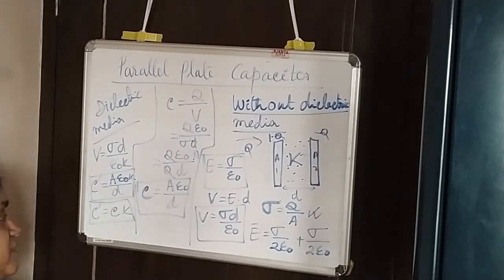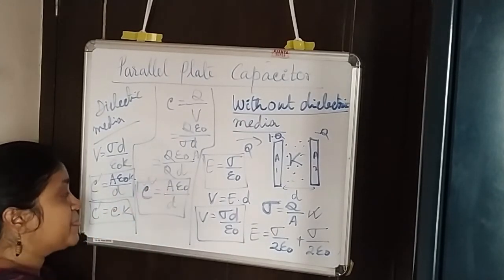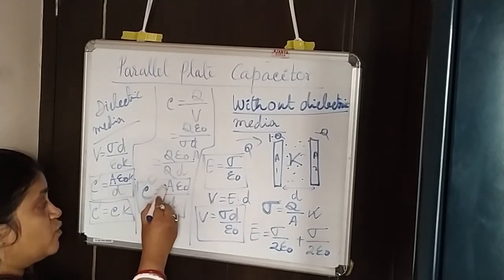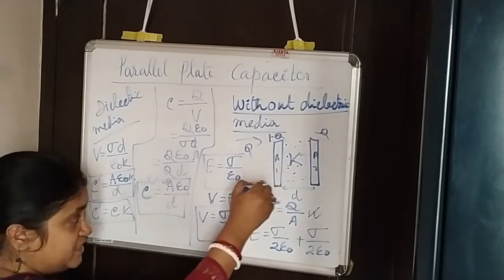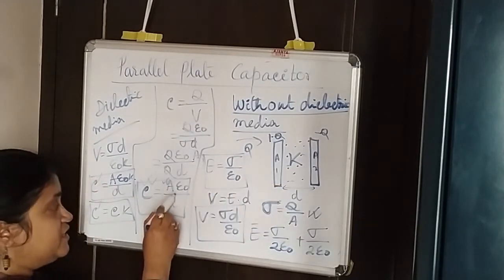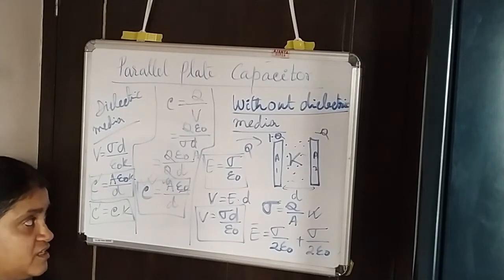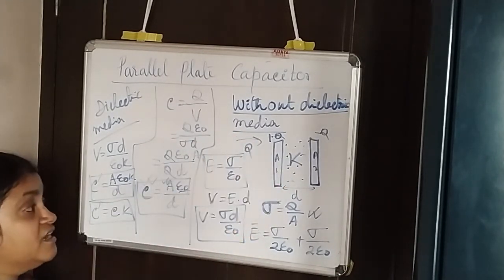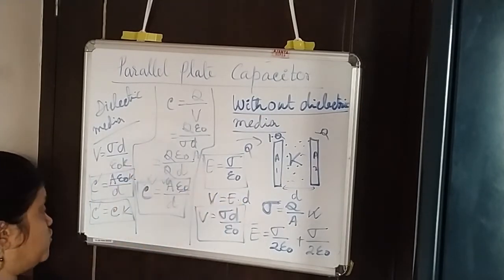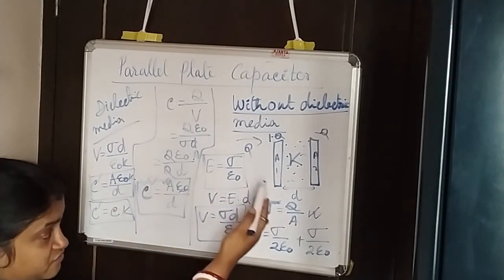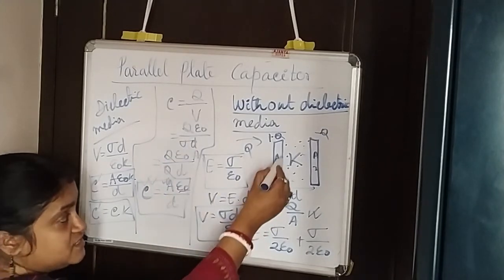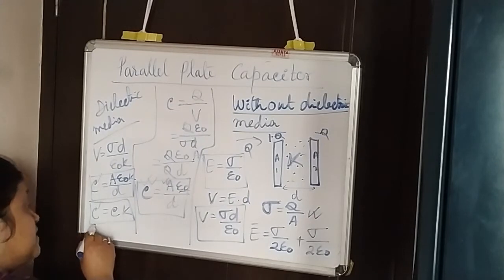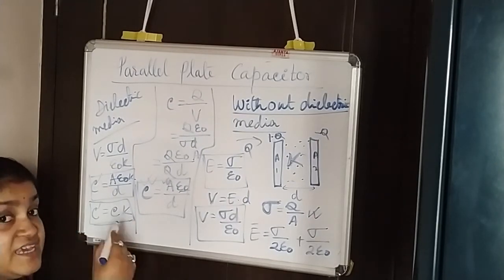So for a parallel plate capacitor, the capacitance is A epsilon naught by d, which depends on the area of the plate, the distance between the two plates, and epsilon naught, the permittivity of the medium. Here we have taken air or vacuum. If instead of air we insert a dielectric medium with dielectric constant K, then the capacitance increases K times.